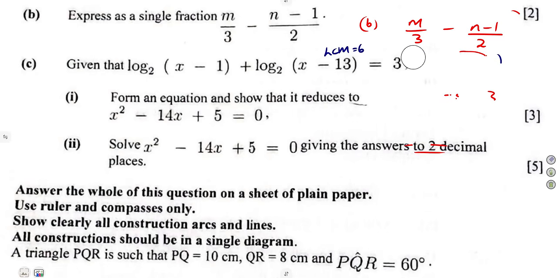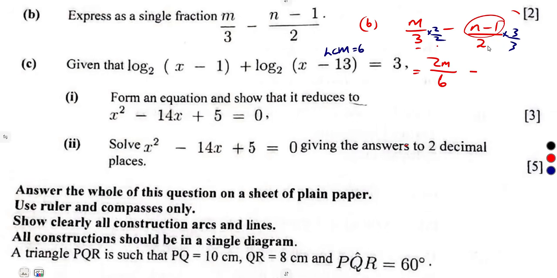Or you can simply consider the same denominators, 2 this side, 3 this side. So you multiply by 2 over 2, 3 over 3. So that was going to give us 2 times m, 2m, 3 times 2, 6, minus 3 multiplies n minus 1. So that's like this, over 2 times 3, 6.